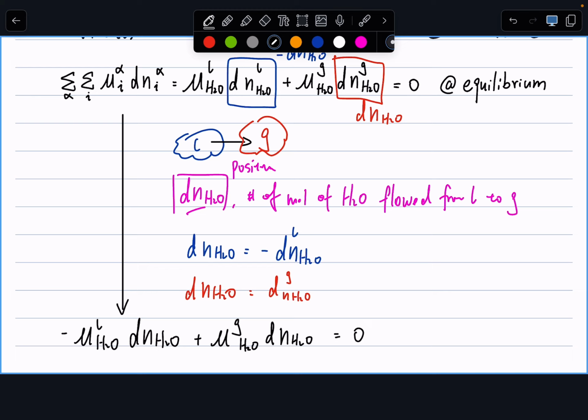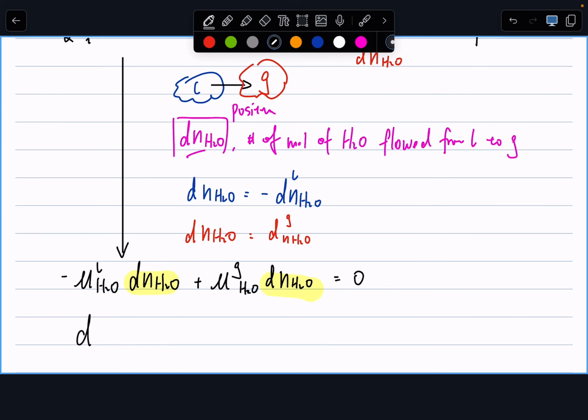Right, so we can write that same term out. We get mu G H2O minus mu L H2O, times dnH2O, equals 0.